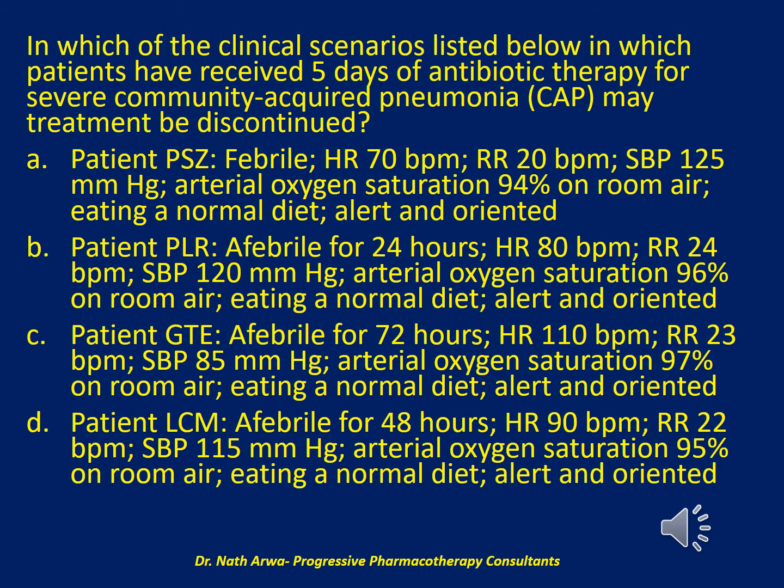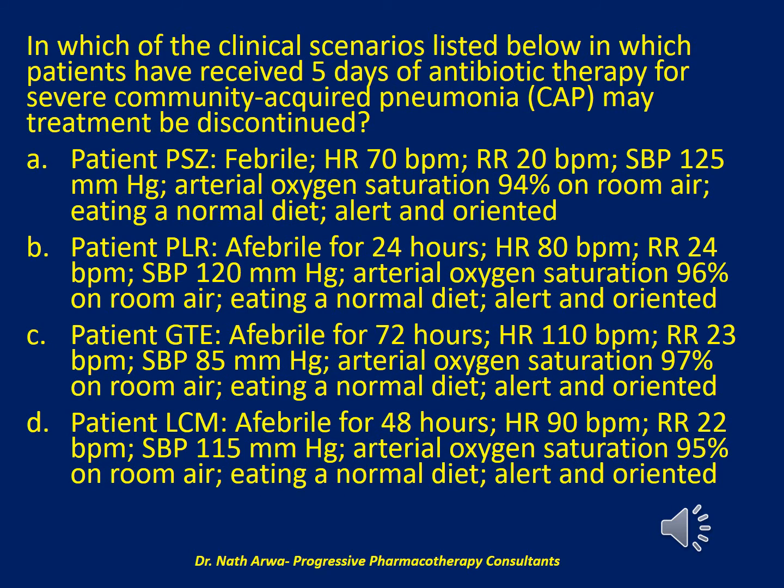Or C. Patient GTE who has been afebrile for 72 hours, with a heart rate of 110 beats per minute, a respiratory rate of 23 breaths per minute, a systolic blood pressure of 85 mm of mercury, arterial oxygen saturation 97% on room air, eating a normal diet, alert and oriented?